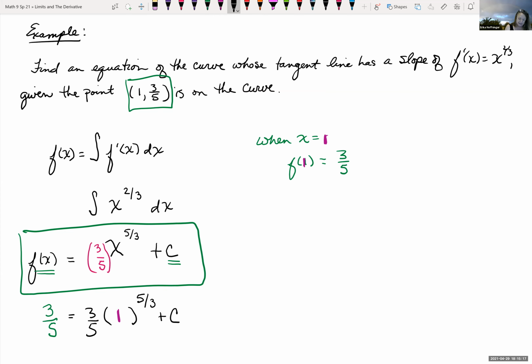Okay, so let's solve for c. First thing is exponents: 1 raised to the 5/3. Well, 1 raised to any power is 1. And so we have 3/5 equals 3/5 plus c.